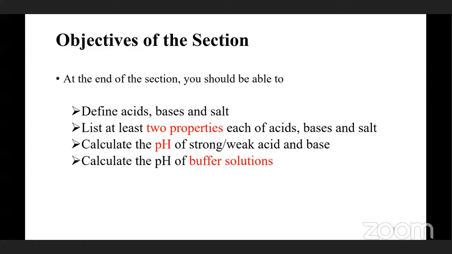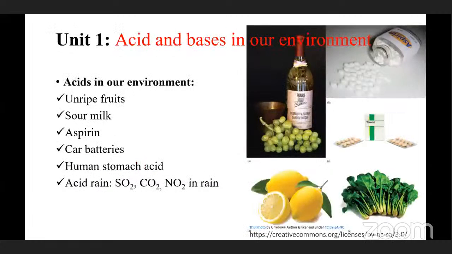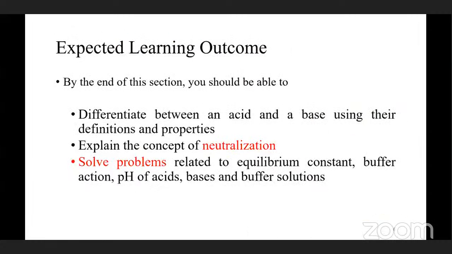The objectives of this part of the course is, by the end of this, you should be able to differentiate between an acid and a base using their definitions and properties. You should also be able to explain the concept of neutralization. What is neutralization? It may not be so strange to you.